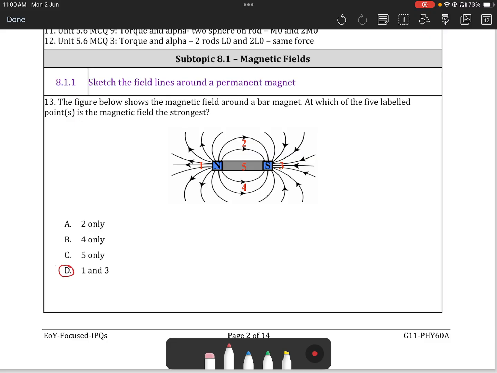As you can see here, at region 1 and region 3, the magnetic field lines are denser than other regions. So here and here, the density is the maximum. That's why the strength of the magnetic field at these two regions is the maximum.